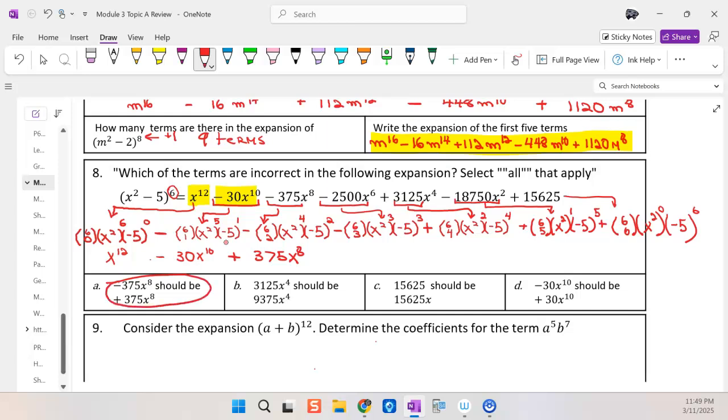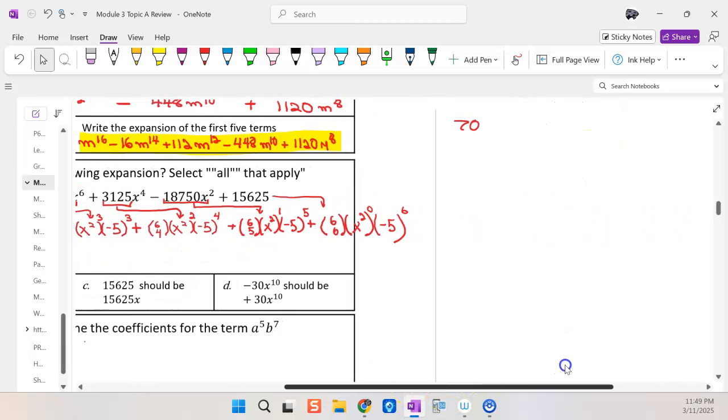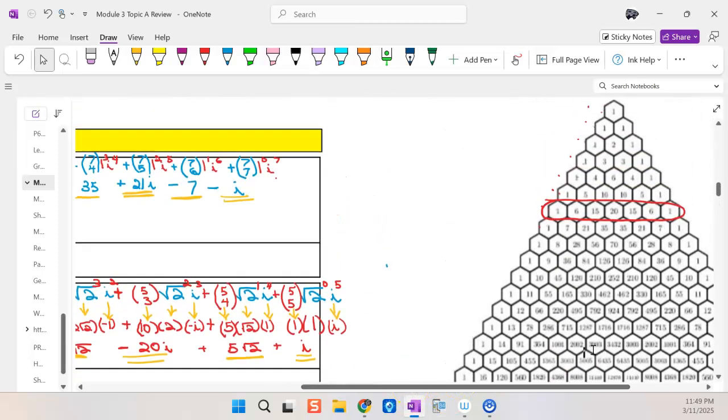All right. Our next one will be 6 choose 3, which I believe is 20. Let's see. Or 20, yeah. 6 choose 3 is 20.